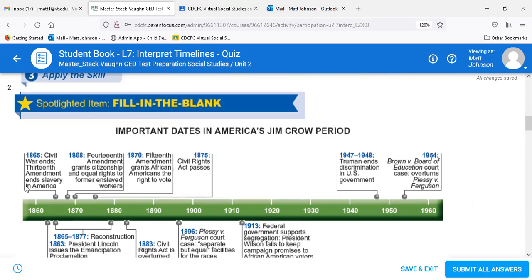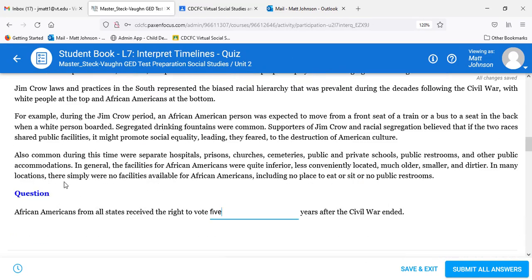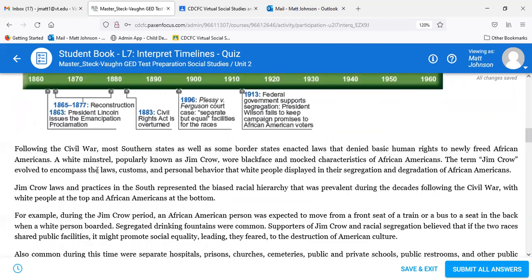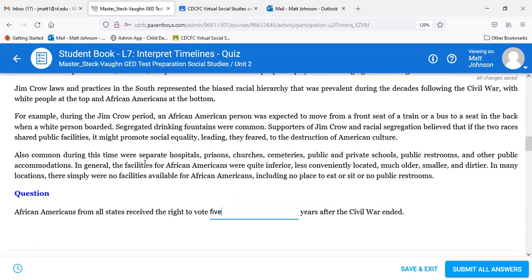So it was 1865 when the Civil War ended, and then 1870 is when the 15th Amendment granted African Americans the right to vote. So a 5-year span. So number 2 there is 5.